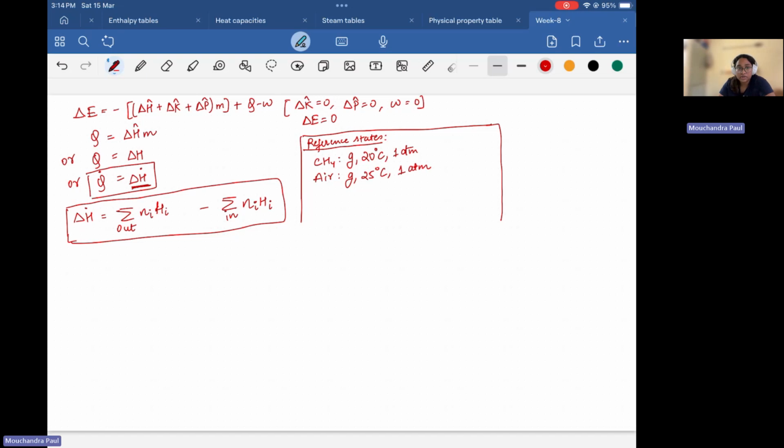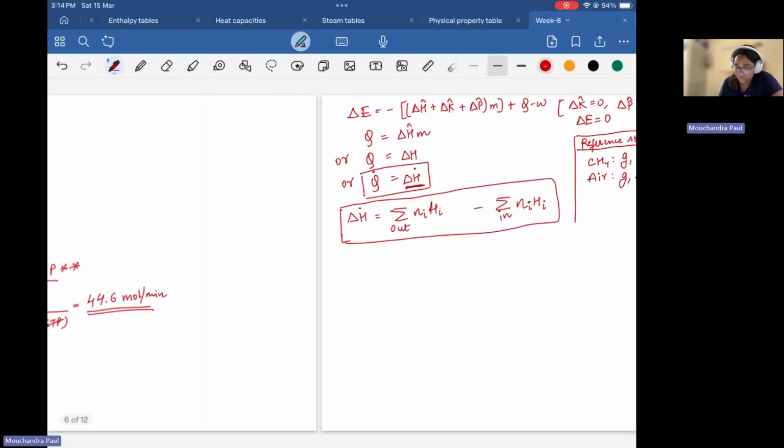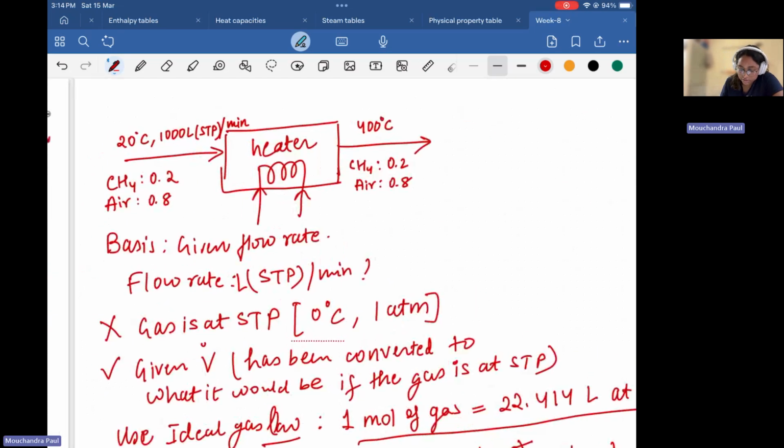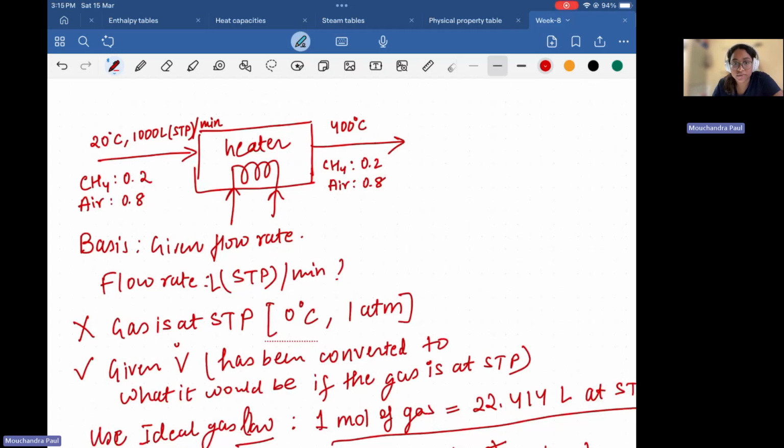When the reference states are given, we have to assume that the enthalpy at the reference state is zero. Conveniently, the reference temperature for methane is 20 degrees Celsius, and the initial temperature of methane is also 20 degrees Celsius.